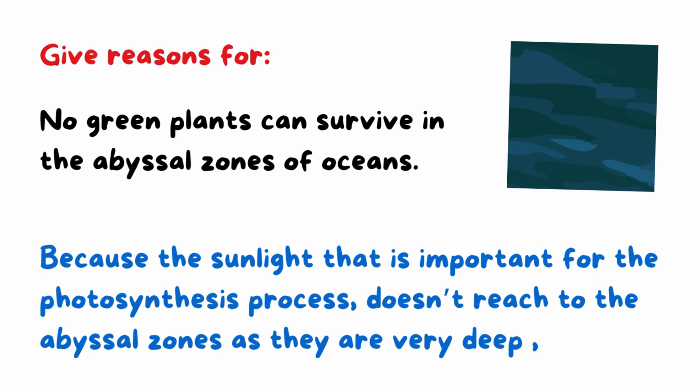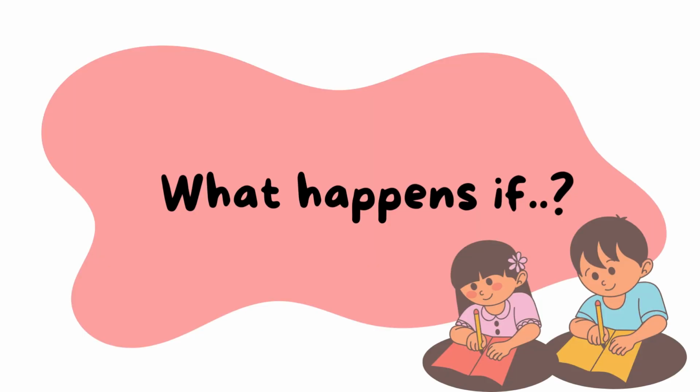So the answer here: because the sunlight that is important for the photosynthesis process, for the plant to make its own food, doesn't reach the abyssal zones as they are very deep. Okay, now we finish the give reasons for questions.